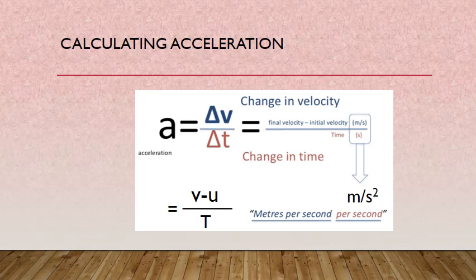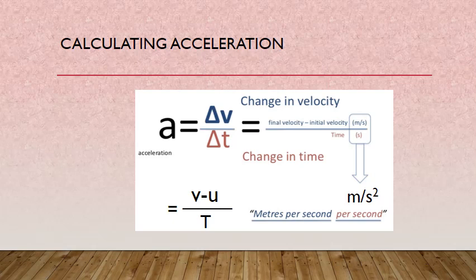Then how can you calculate the acceleration? What is the letter indicating acceleration? Acceleration is indicated with the letter small a, not capital A. What is the formula? Change in velocity divided by change in time, or the rate of change of velocity.